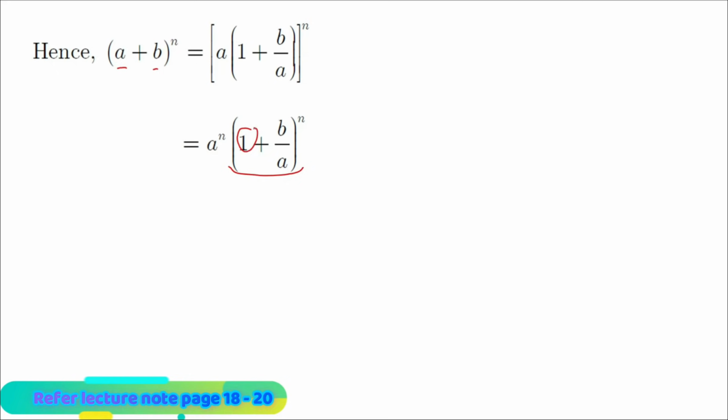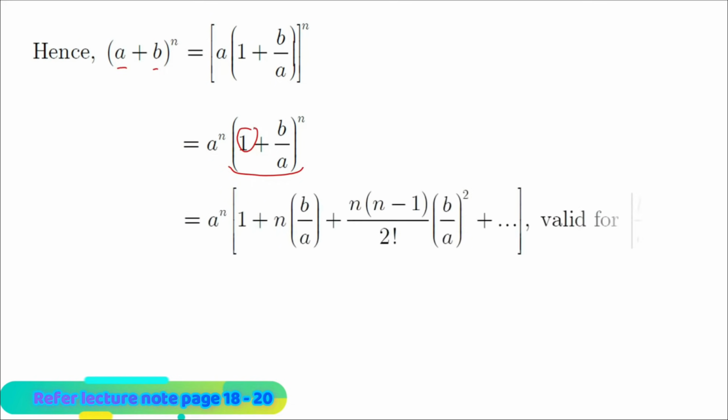So we can use the previous binomial expansion to expand this expression. So with a to power n still outside of the bracket, to be multiplied by the one we expand using the previous binomial expansion, we can get the expansion for (a plus b) to power n, which is valid for the modulus of b over a less than 1. So b over a here is the same as the one we factorized previously.